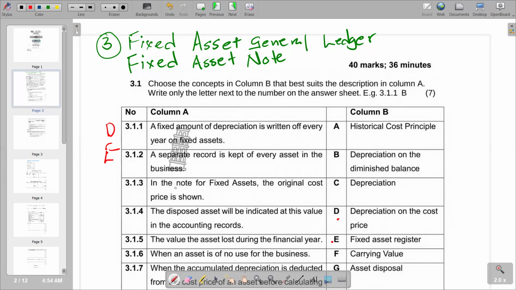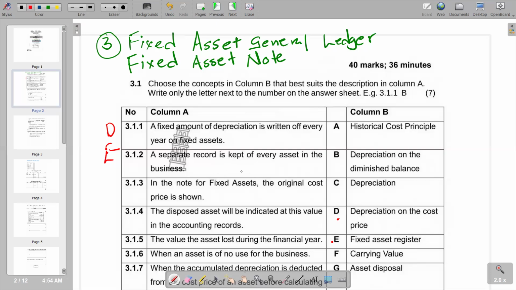Then you go to 3.1.3. In the note for fixed assets, the original cost price is shown. Obviously, this explains the historical cost principle, that fixed assets should be displayed at their cost price.